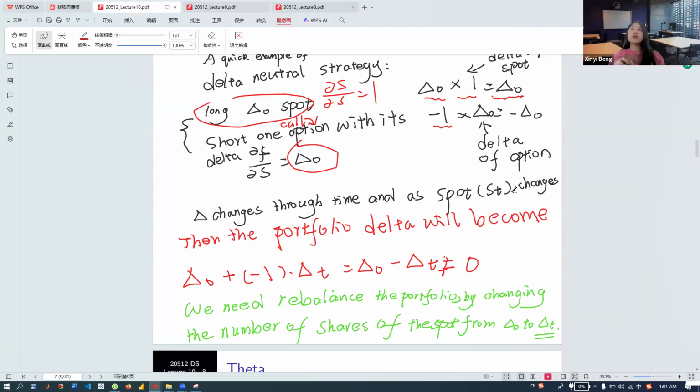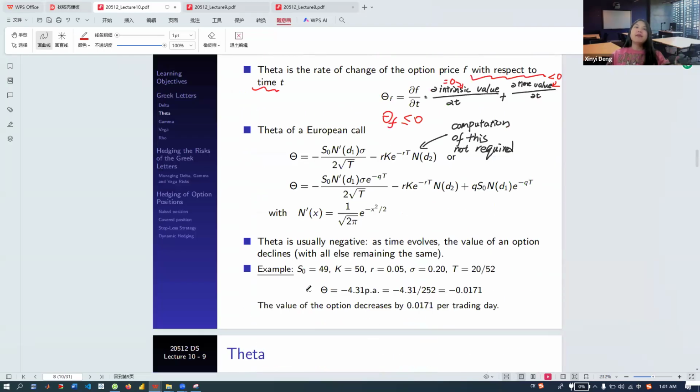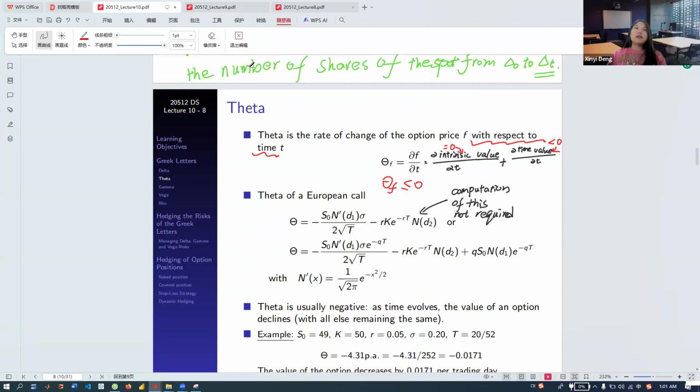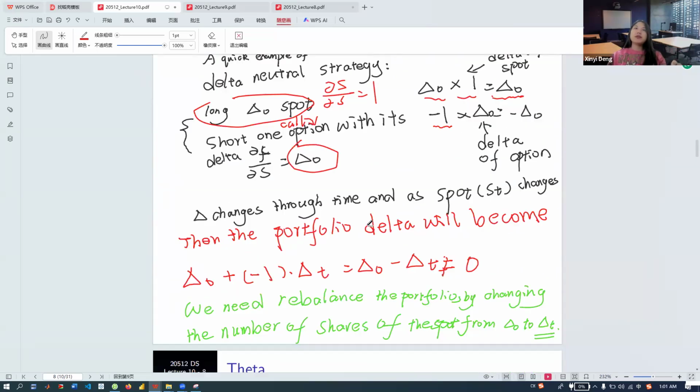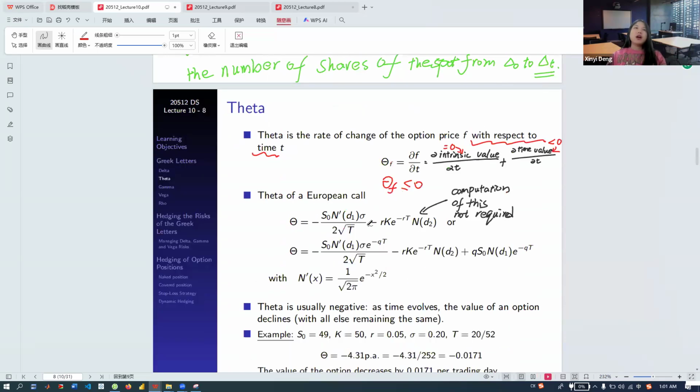So you have to keep on basically reverting the delta back to 0 by changing the positions in the spot. That's what we call rebalancing. Basically that's the end of delta for now.